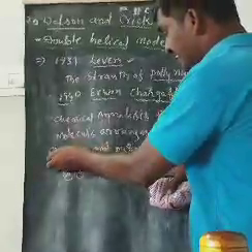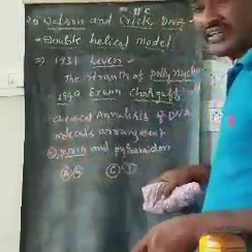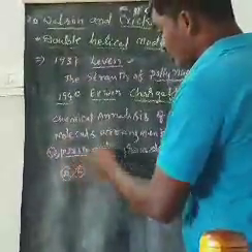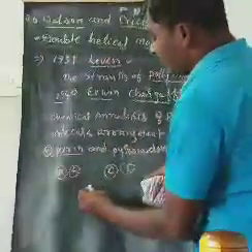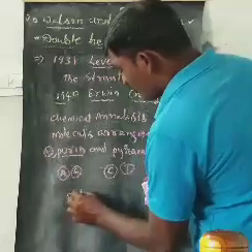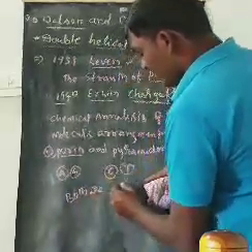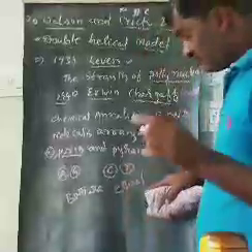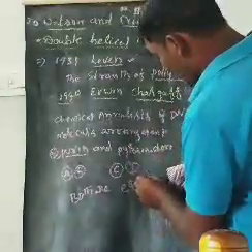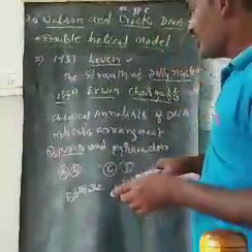In this, each DNA polynucleotide contains purines and pyrimidines, and both are equal. Both are equal. What is equal?